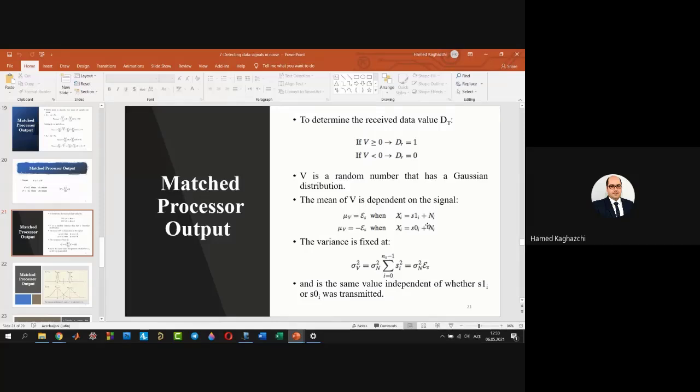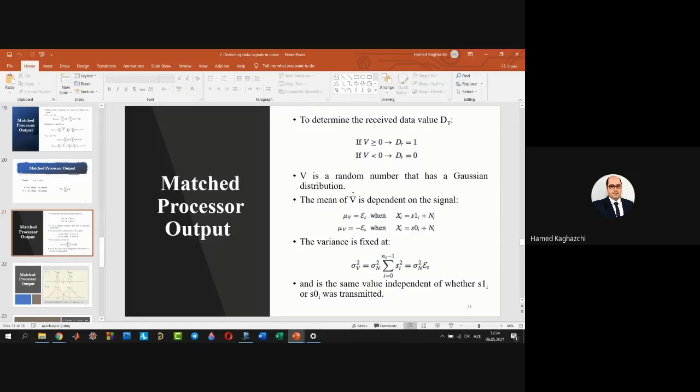In the Gaussian distribution, we know that each distribution has mean and variance or standard deviation. It means that our V signal also will have mean value and variance. How can I find the value of the mean of signal V?